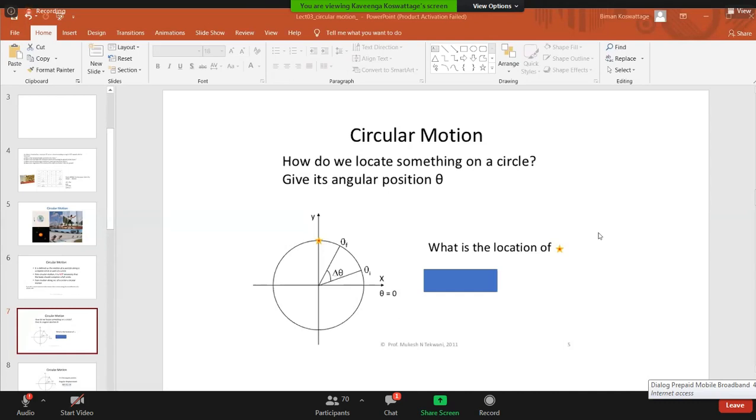Right? Now for an example, you all are familiar. So what is the location of this particular star in degree and also the radian? So quickly, one student can give the answer. So obviously the theta of this particular position, now this is theta equals 0.